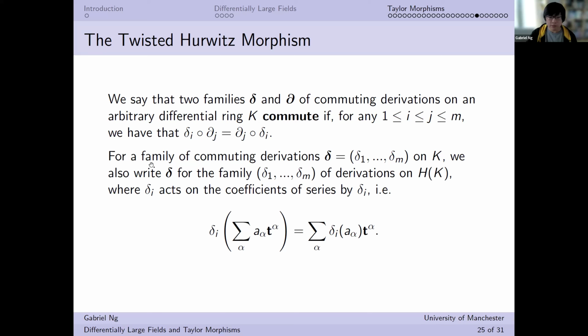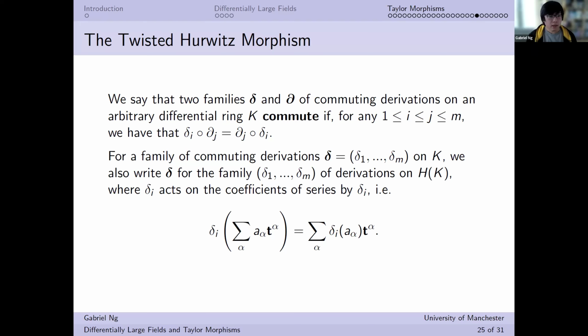And finally, for a family of commuting derivations delta on K, we also write delta for the family of derivations on H of K, where each of these deltas acts on the coefficients of the series by delta. So in particular, if we apply delta_i to this series, we simply apply it to all of the coefficients of the series.